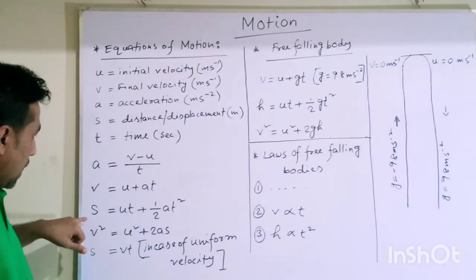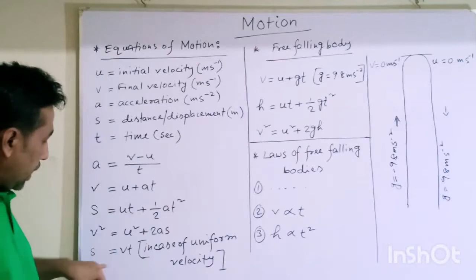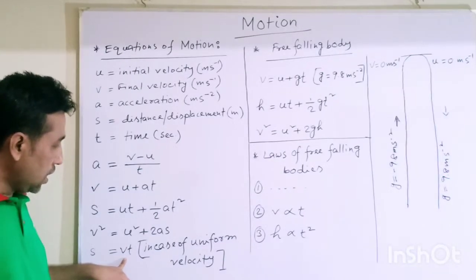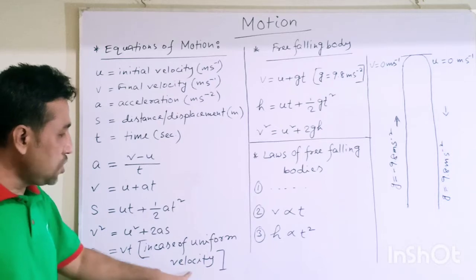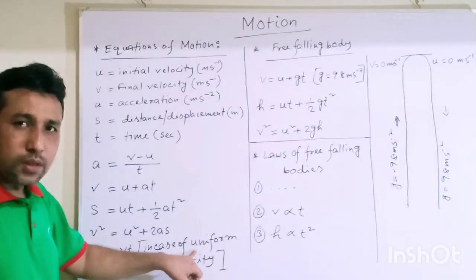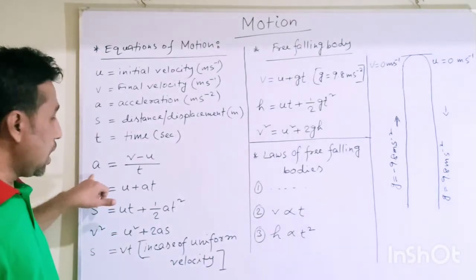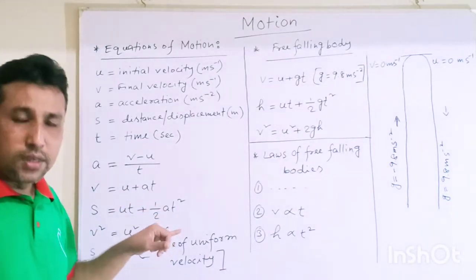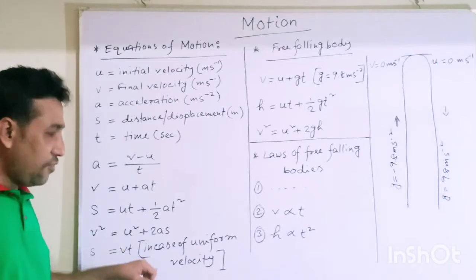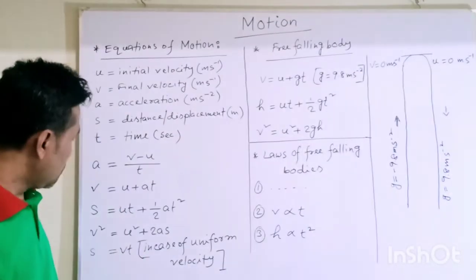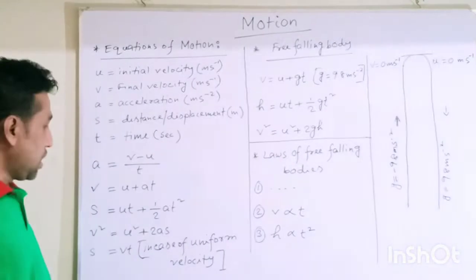You see here S equals ut plus half at square. Again I have given here S equals vt. When S equals vt, the velocity is uniform. As we know, acceleration is the rate of change of velocity. If the velocity is uniform, it means there is no change of velocity, so in that case you don't need acceleration.